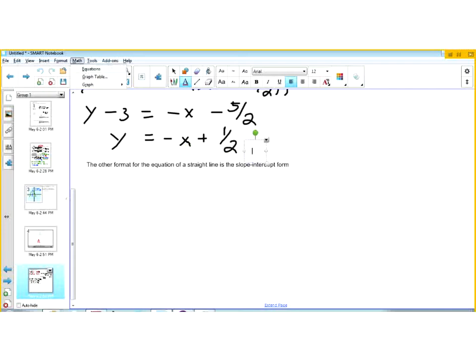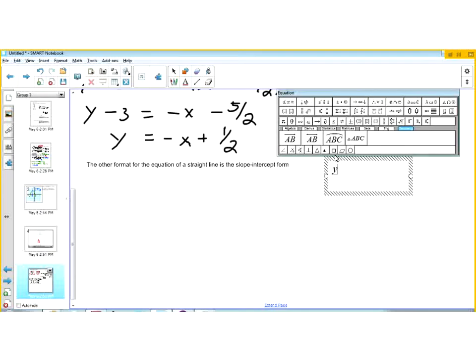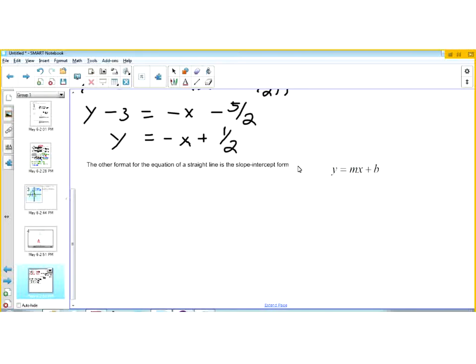All right, so slope-intercept form. That is typically written like this. Y is equal to mx plus b.